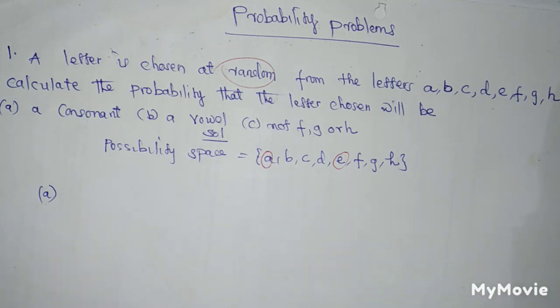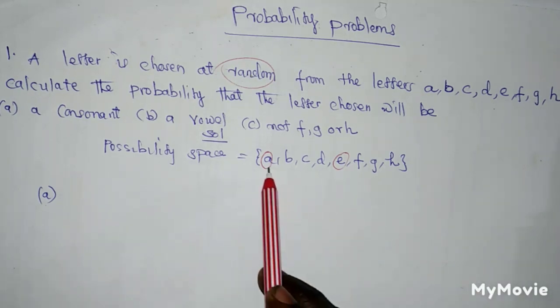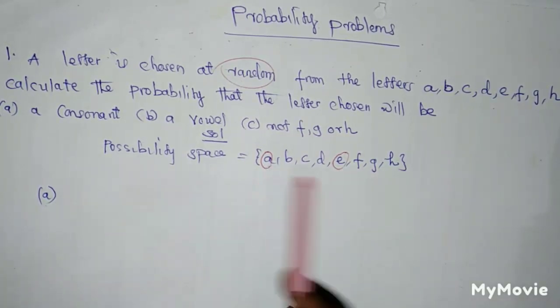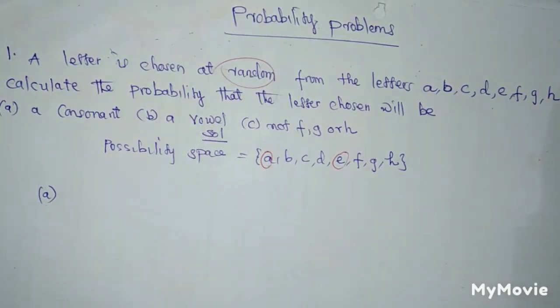The vowels are A and E. These are the vowels. The rest, we call the consonants.